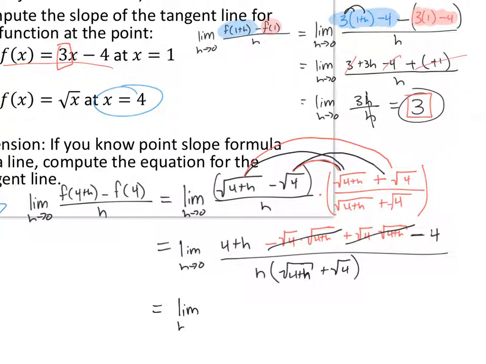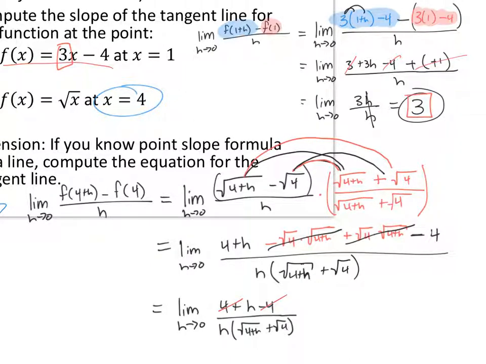Limit as h approaches 0 of 4 plus h minus 4 over all of that on the bottom, the root 4 plus h plus root 4. Oh, hey, 4 and negative 4 cancel out.